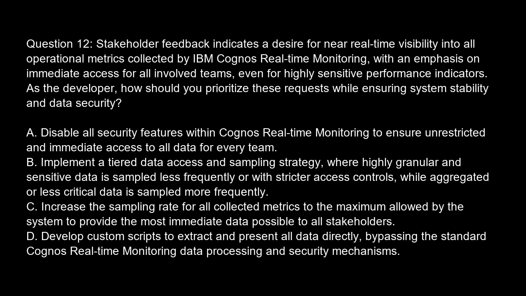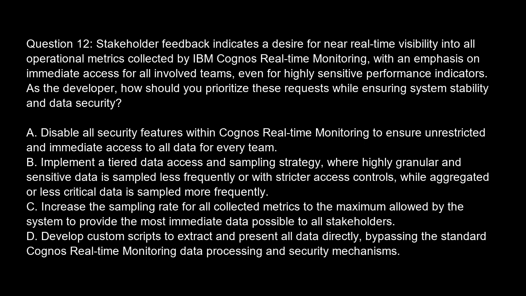Option A. Disable all security features within Cognos real-time monitoring to ensure unrestricted and immediate access to all data for every team. Option B. Implement a tiered data access and sampling strategy, where highly granular and sensitive data is sampled less frequently or with stricter access controls, while aggregated or less critical data is sampled more frequently.